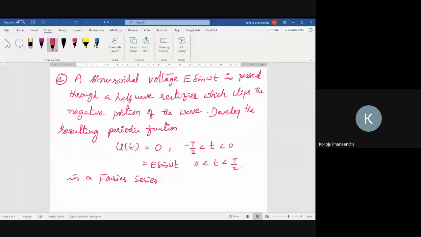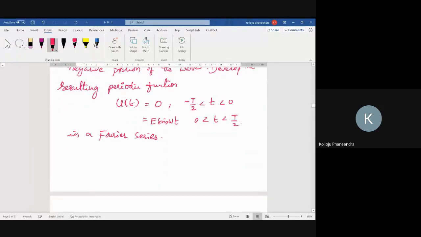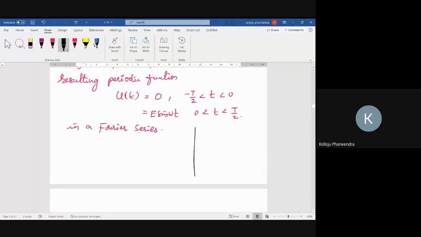This is the half wave rectifier problem. If you draw the figure of this one, just imagine: this is the t axis and this is the function u of t. The function is defined from minus T by 2 to plus T by 2. In minus T by 2 to 0, the function value is 0.